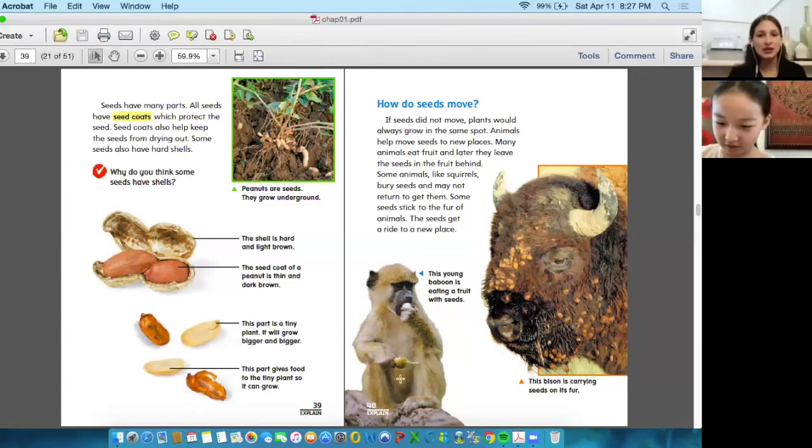So he's carrying the seeds by eating them. And then he's gonna do his business. Let's see how this animal is carrying the seeds. This bison is carrying seeds on its fur. So look at his fur.